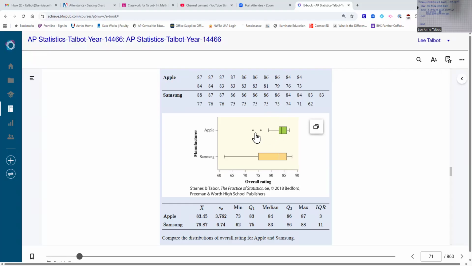So you can really see how you make that box plot if there are outliers involved. And if you have the data set, you can state what the outliers are, or you can estimate them based on the location of the stars in the box plot. Either way, you can tell that Apple has two low outliers, one at about 73, one at about 76.